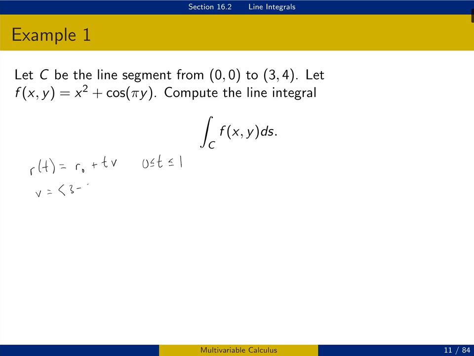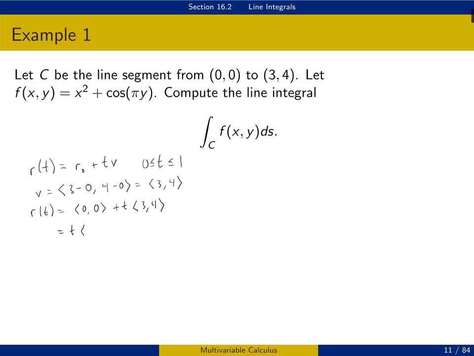So we can just subtract the coordinates, or do it in our head, to get that v is (3, 4). R naught is our starting point, which is (0, 0).